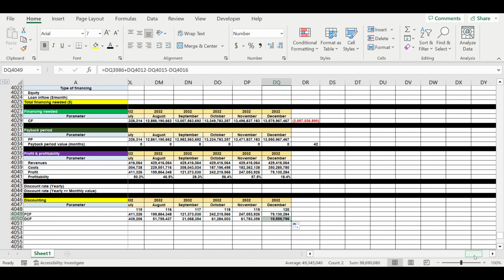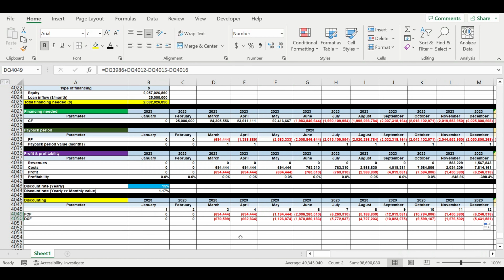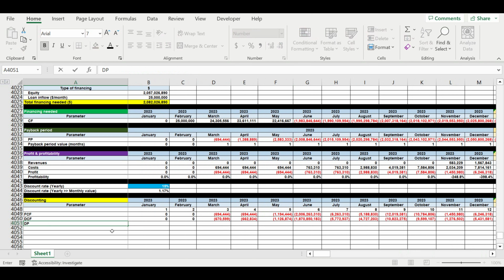And what we will do now, now it's time for us to calculate the discounted payback period. So what I will do, here I'll put this value, and then I will make this formula cumulative.